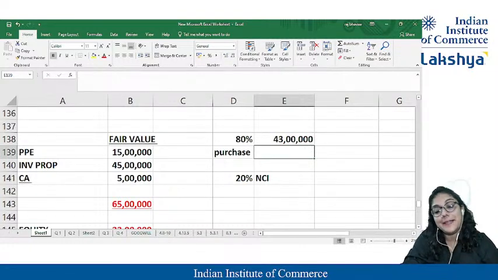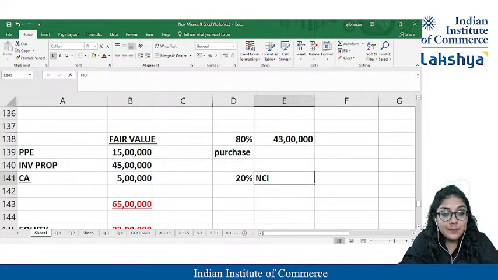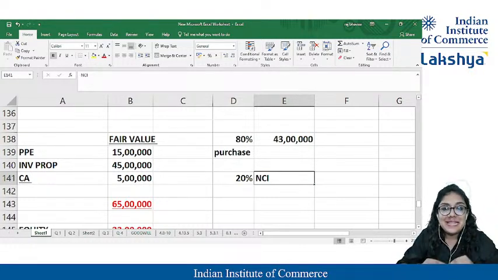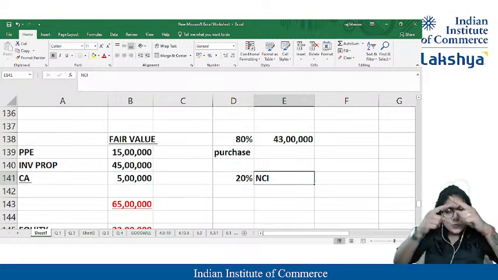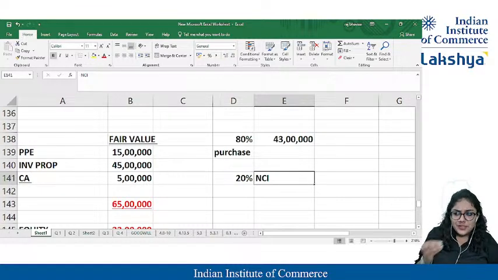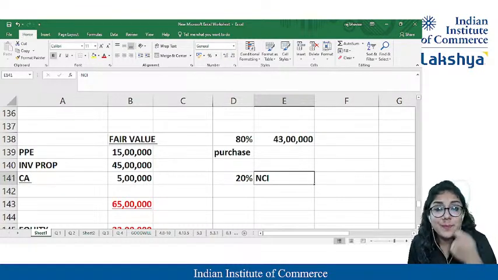And for NCI, when I talk about non-controlling interest, my NCI is bifurcated into two parts. When I talk about non-controlling interest, I have to mention on what basis my non-controlling interests are measured.